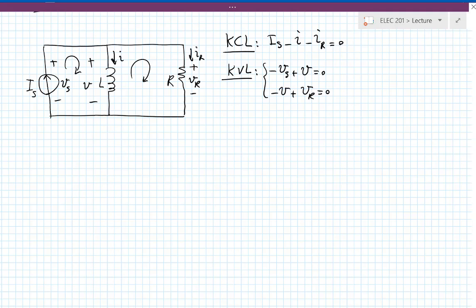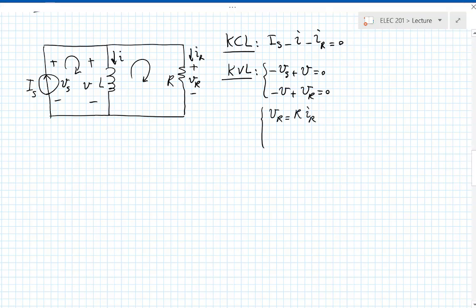And then I also know that VR is R times IR, and V is L dI by dt.